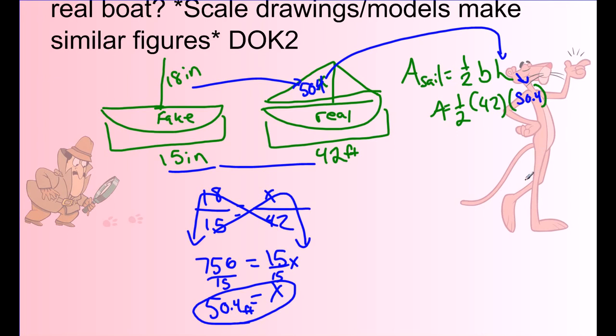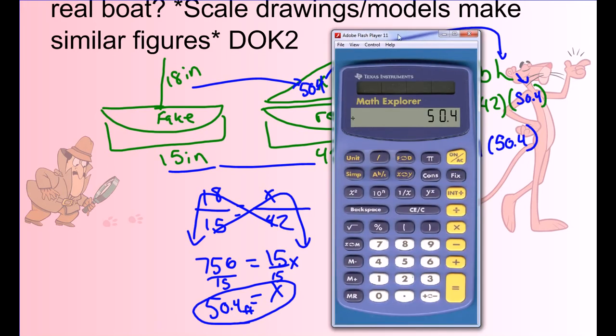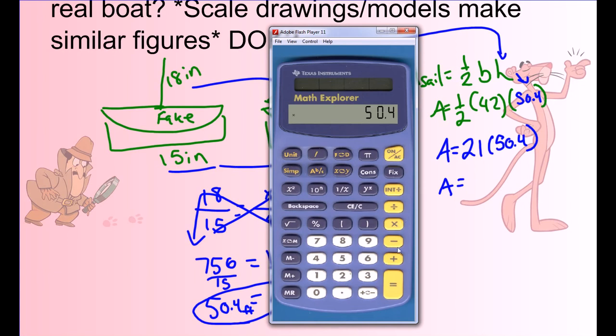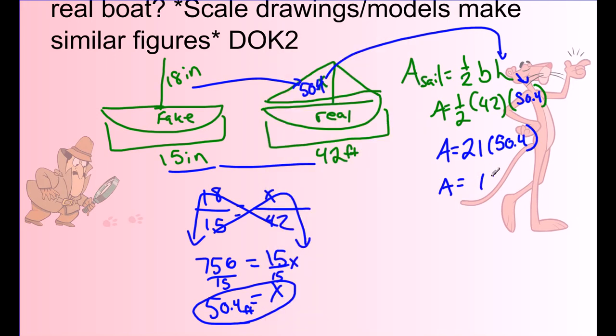Now I have all the information I need to answer my question. So let's just do it. Area equals 1/2 of 42, which is 21, times 50.4. 50.4 times 21 is 1058.4 feet squared.